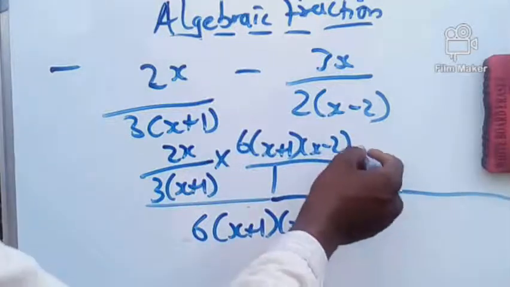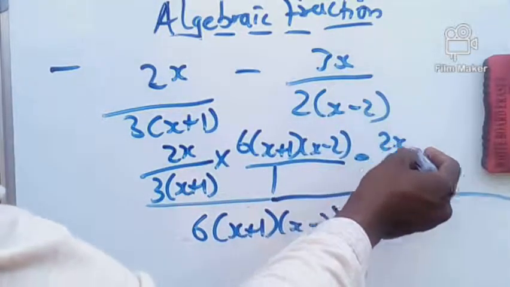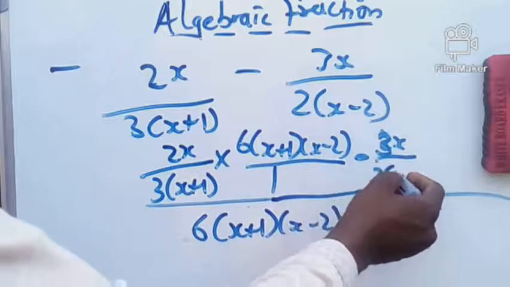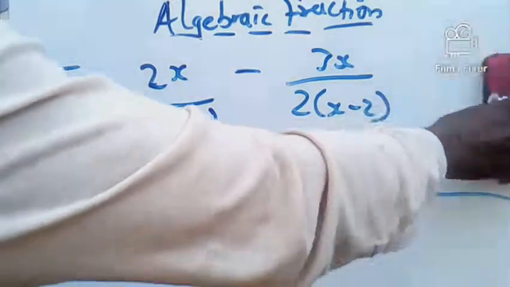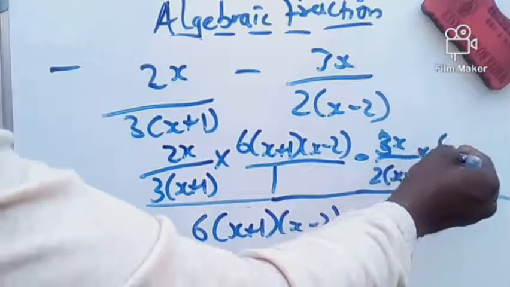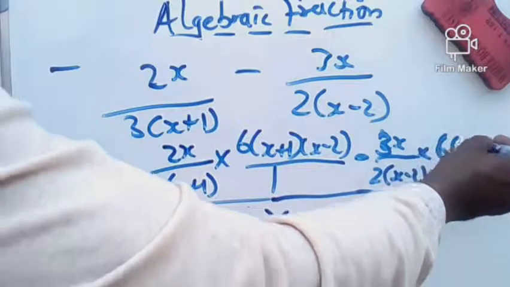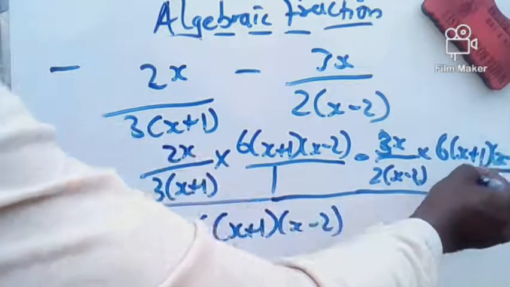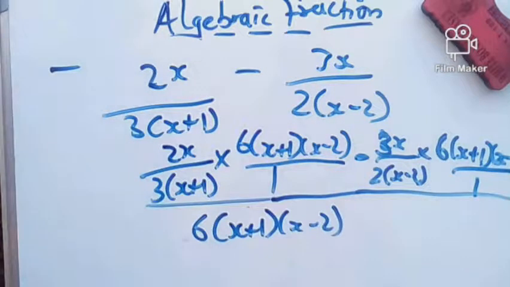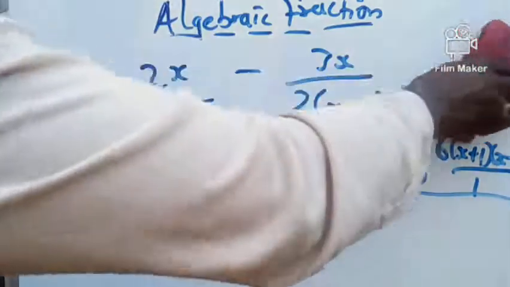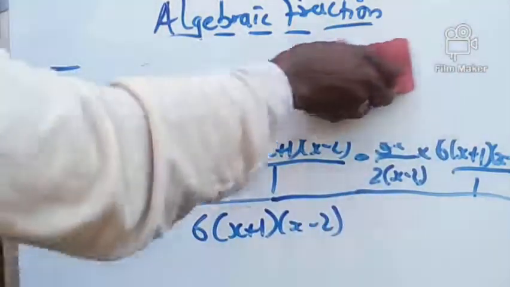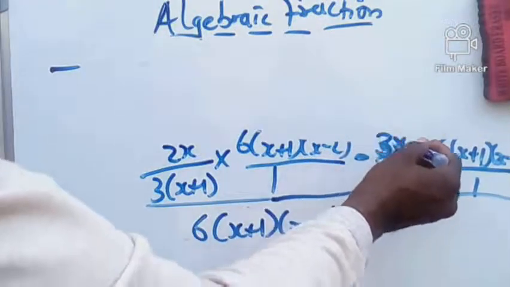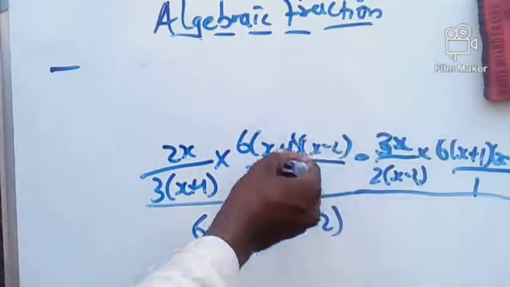We draw our subtraction sign. Take the next fraction, 3x over 2 into x minus 2, multiply by the LCM, which is 6 into x plus 1 into x minus 2 divided by 1. So we go ahead and simplify.